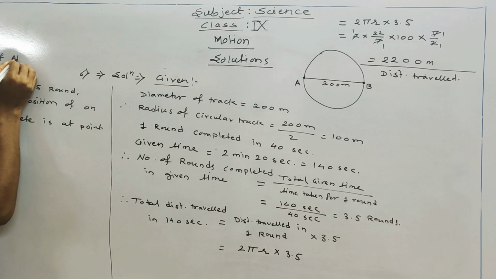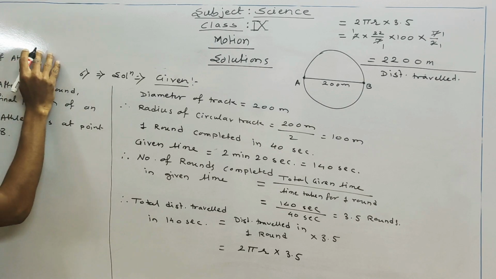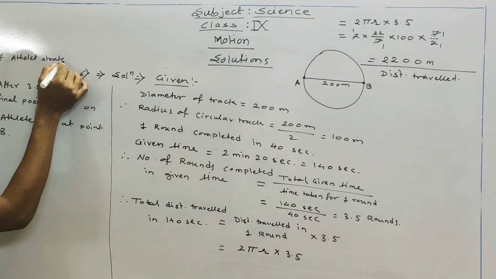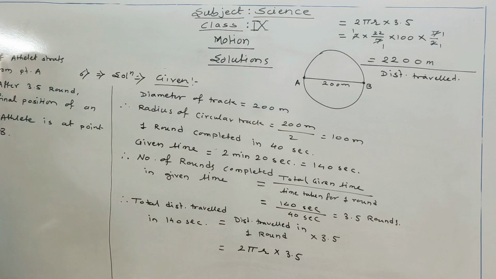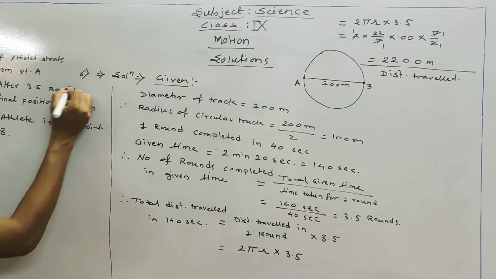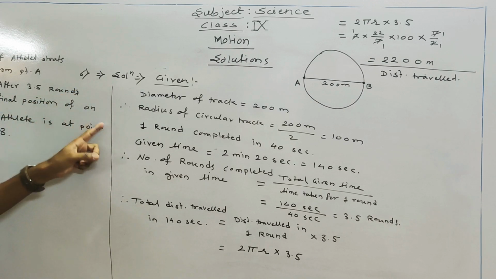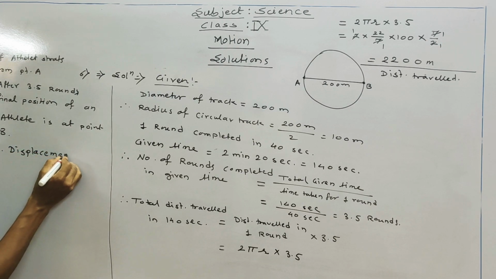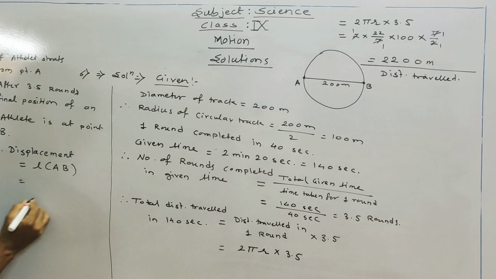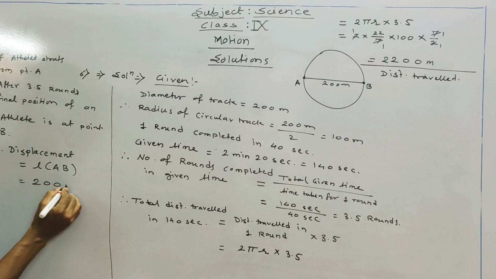If athlete starts from point A after 3.5 rounds, final position of an athlete is at point B. Therefore, displacement is equal to length of diameter AB, and diameter AB is equal to 200 meter.